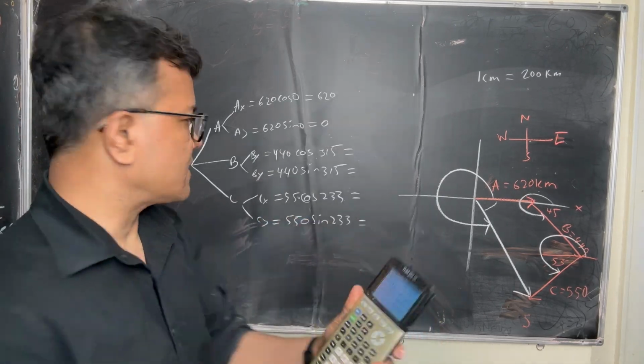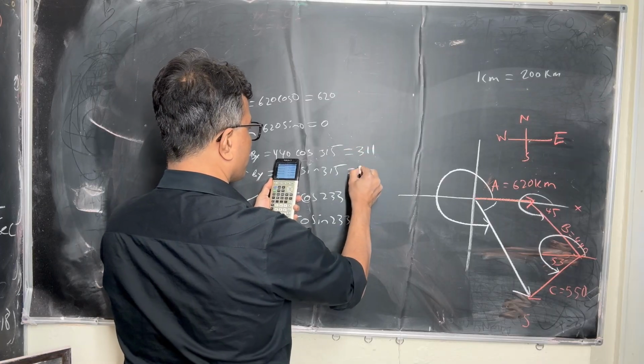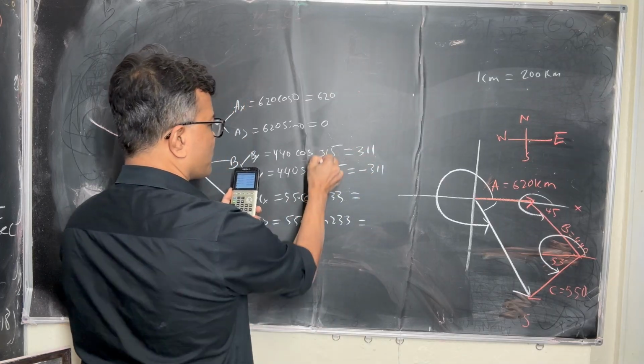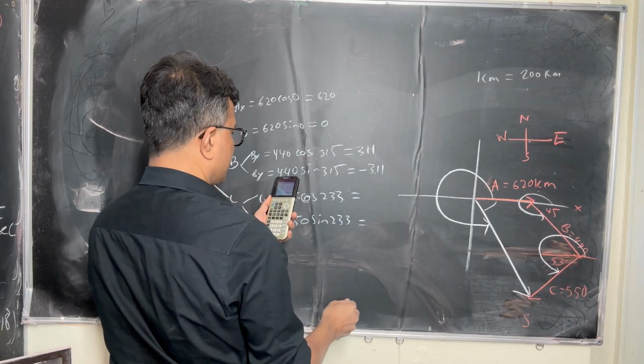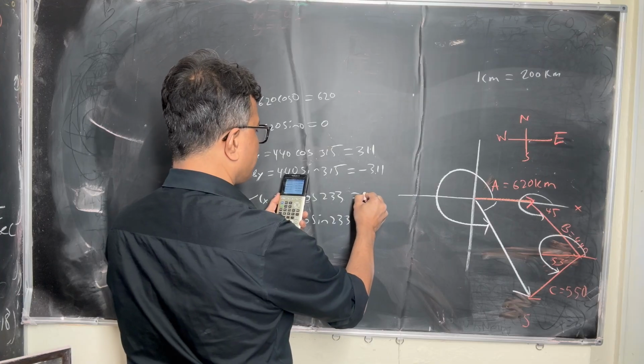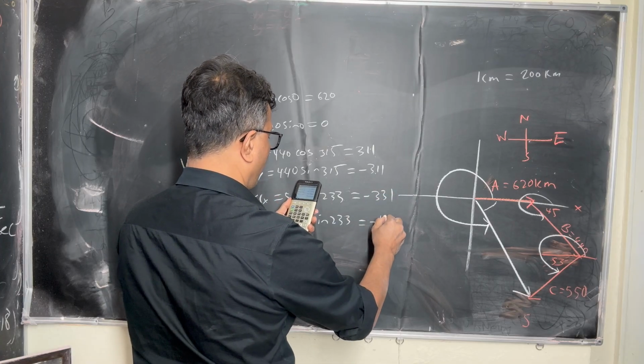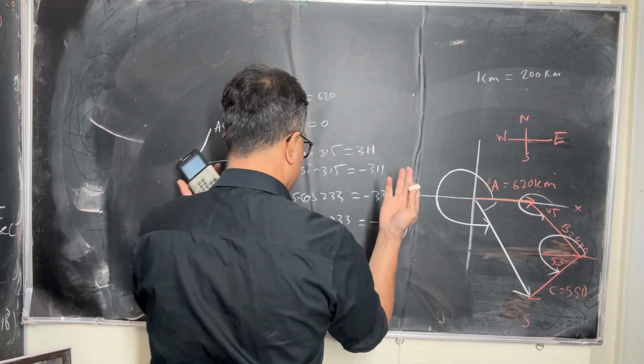I have everything I need. I'm gonna just copy it. 311, negative 311, because this is 45 degrees, the same thing. Negative 331, negative 439. Hopefully this is right.